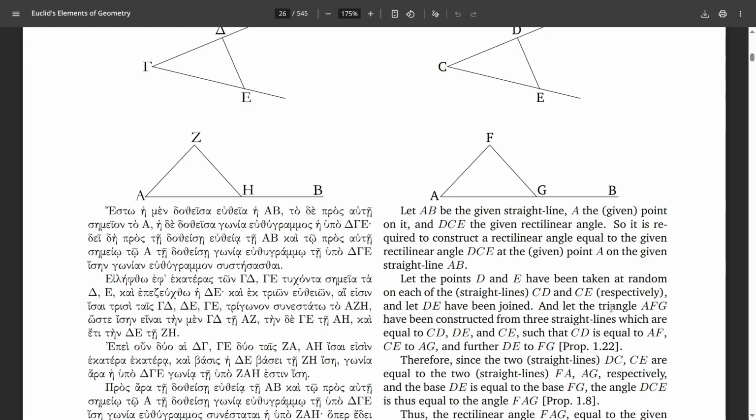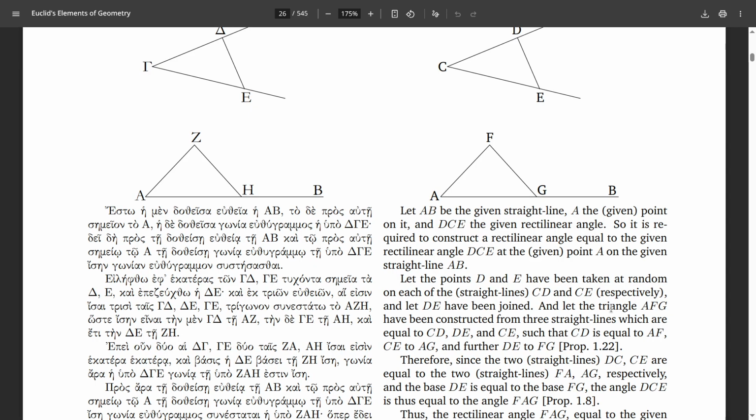Then what is required? It doesn't say there's any restriction on the angles, so I'm just going to draw two lines randomly and say that's my angle that we want to transplant.